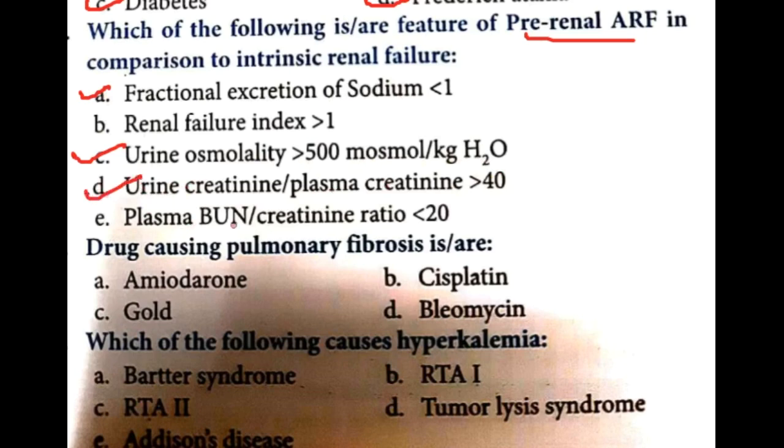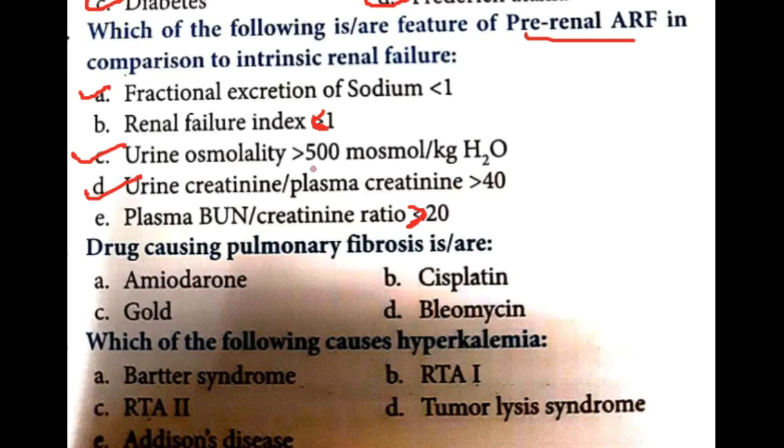Blood urea nitrogen to creatinine ratio is more than 20, and renal failure index is less than 1. So these are the points in favor of pre-renal acute renal failure.